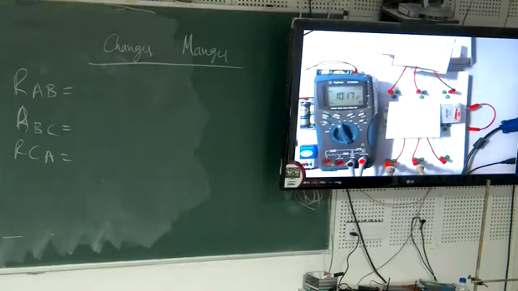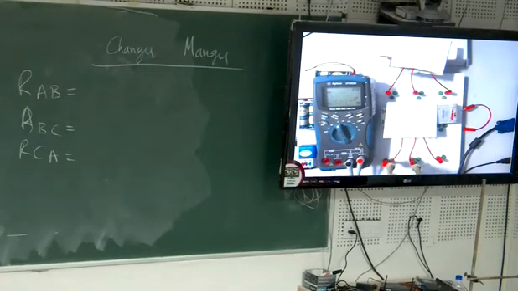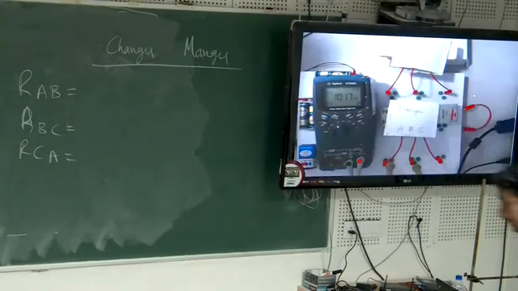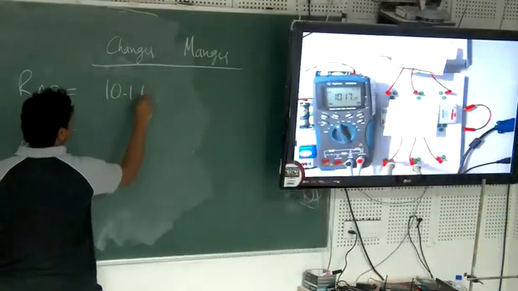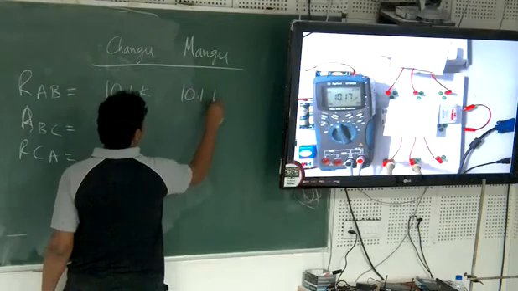So there are some small variations in the values of the resistors which are being manufactured. Just to be consistent, I'll write 10.1K, 10.1K.